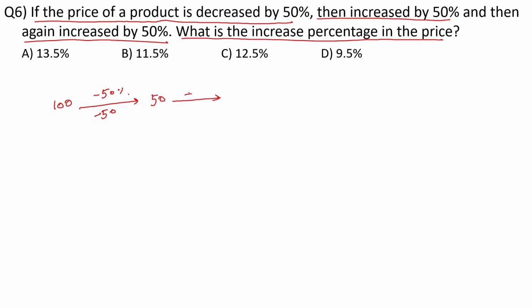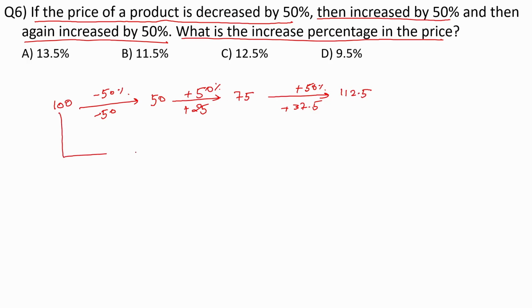And later it was increased by 50%. 50% of 50 would be 25, and 50 plus 25 gives me 75. And later it is again increased by 50%. 50% of 75, that is half the value of 75, is 37.5. So 75 plus 37.5 adds to 112.5.